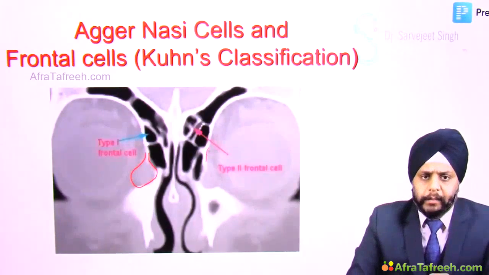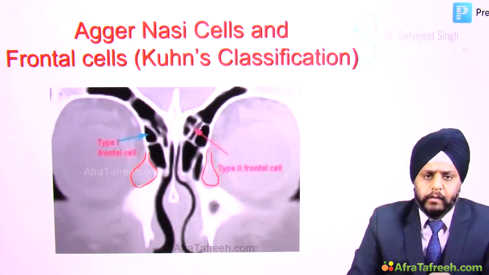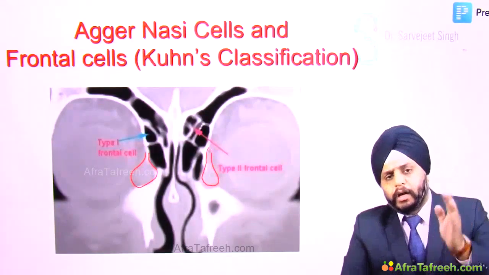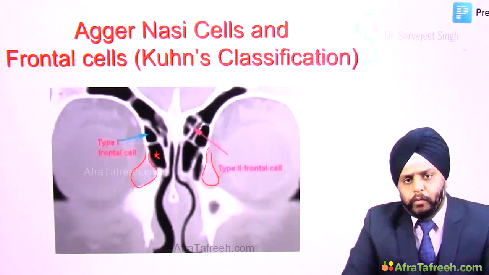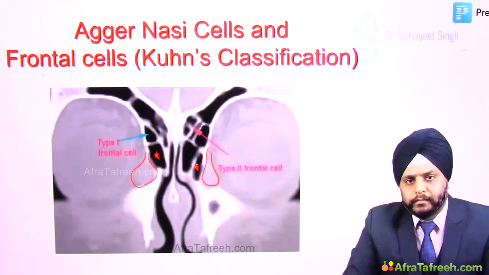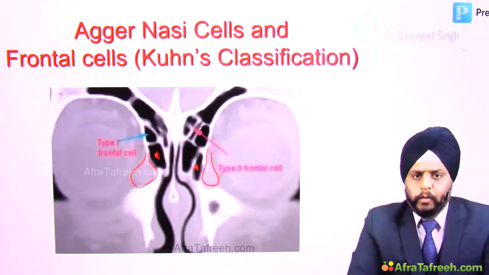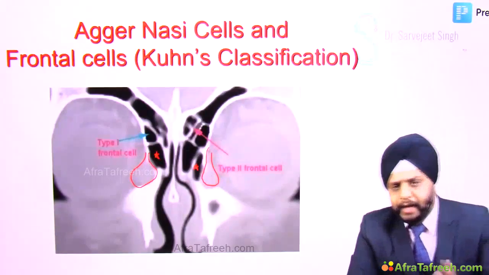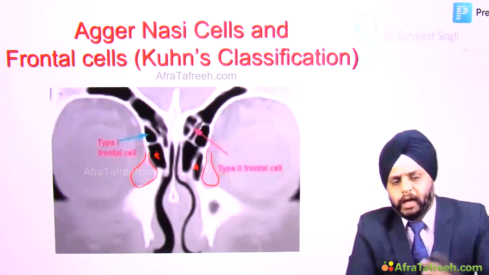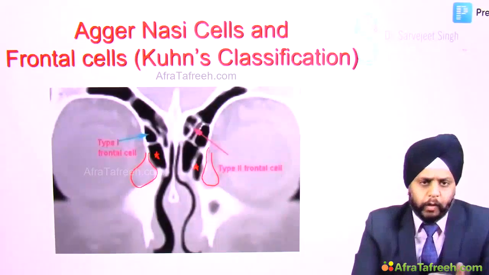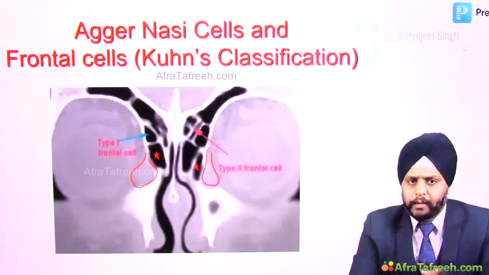This is the lacrimal sac, and the cell next to the lacrimal sac will be the agger nasi cell. On both sides I have marked the agger nasi cell. It lies just next to the lacrimal sac, in close proximity to the lacrimal bone.